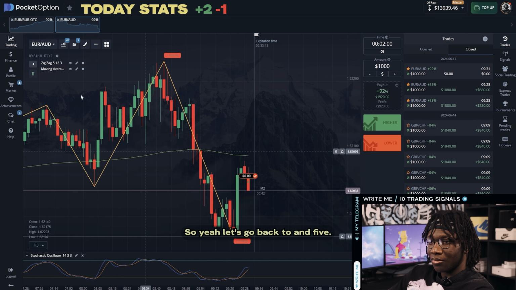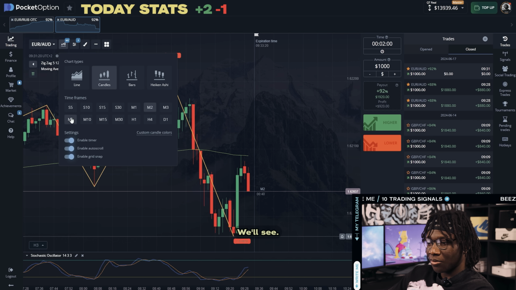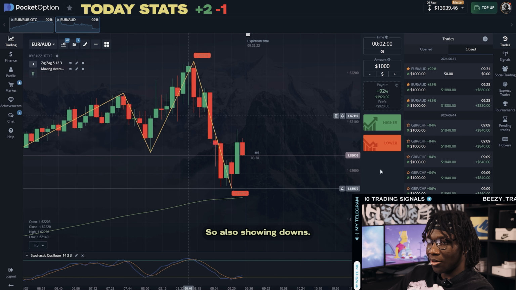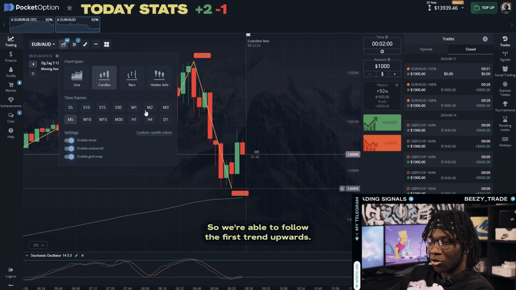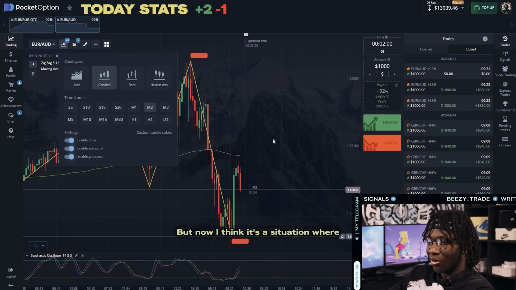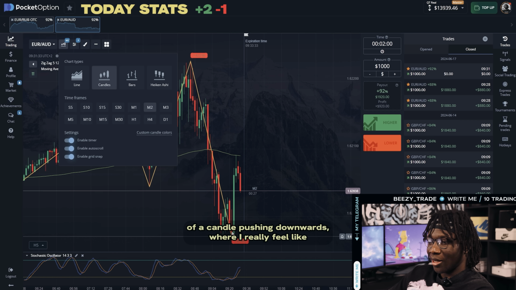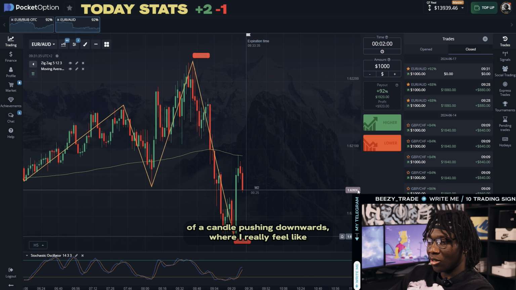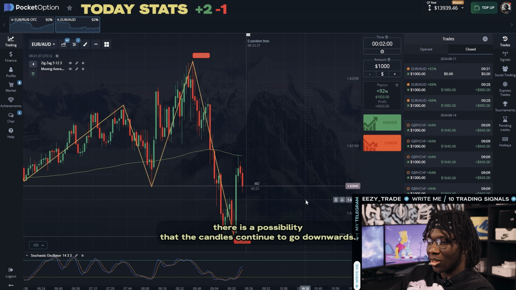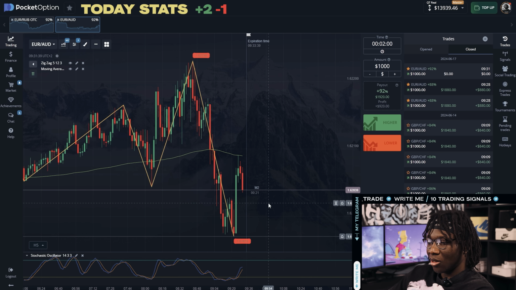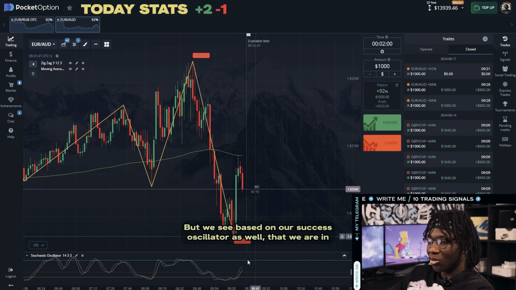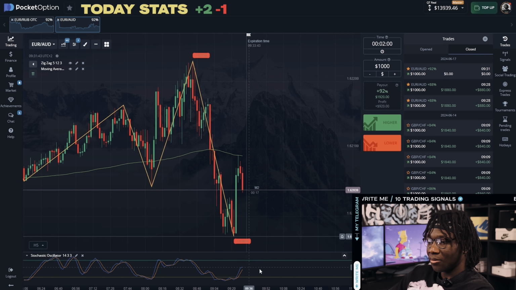So yeah, let's go back to our M5 and see. So also showing downwards. So we're able to follow the first trend upwards, but now I think it's a situation where this is just way too strong of a candle pushing downwards, where I really feel like there is a possibility that the candles continue to go downwards. But we see based on our stochastic oscillator as well that we are in an upward trend.